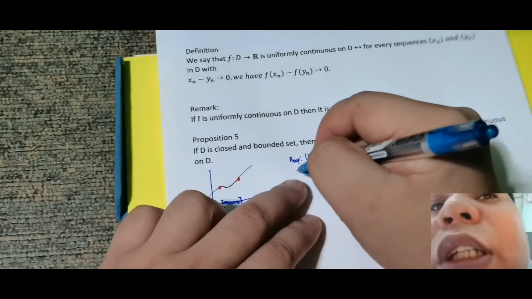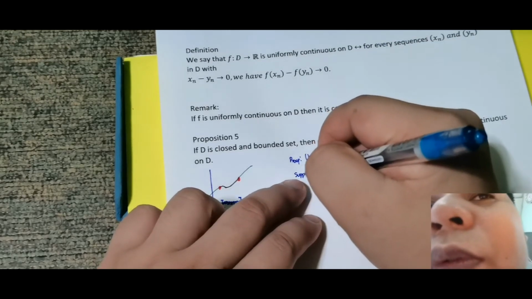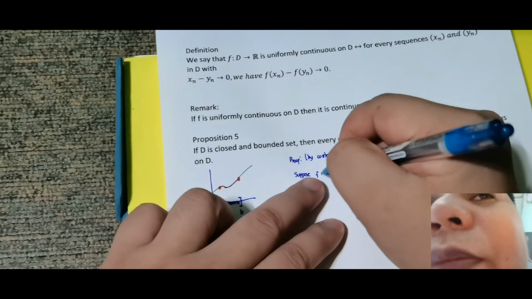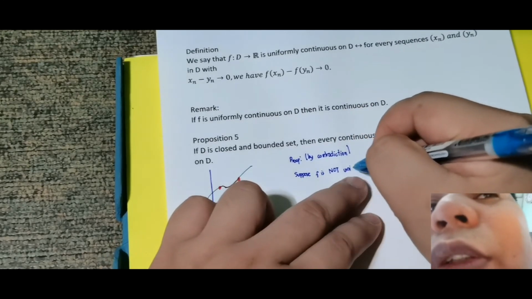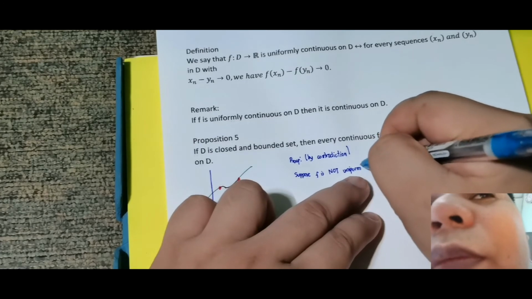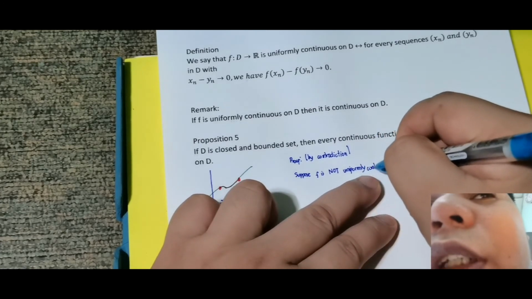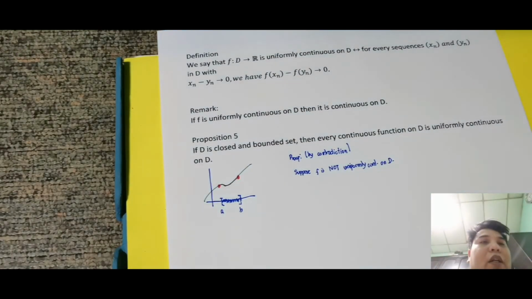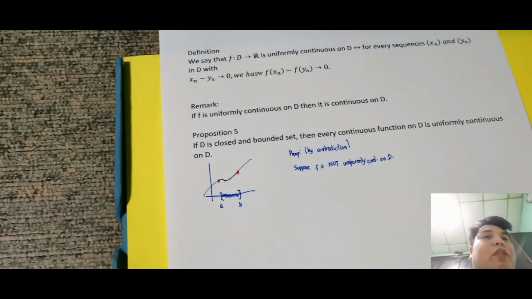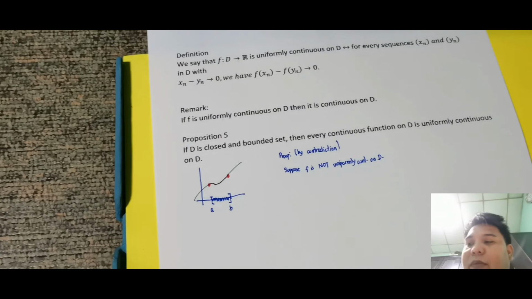Okay, so by contradiction, suppose f is not uniformly continuous on D. Since hindi siya uniformly continuous on D, may mag-exist pa rin na sequence.